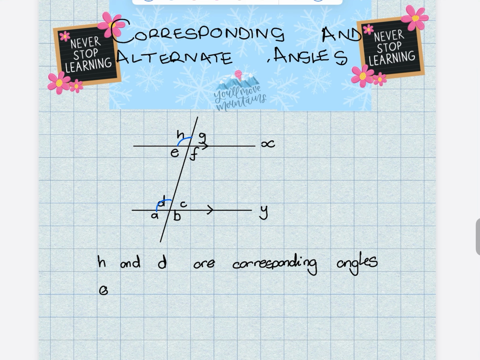Angle E is on the left side and it's below line X. Angle A is on the left side and it's below line Y. So E and A are also corresponding angles. Right. So if you measure these angles, you will notice that they are equal to each other.